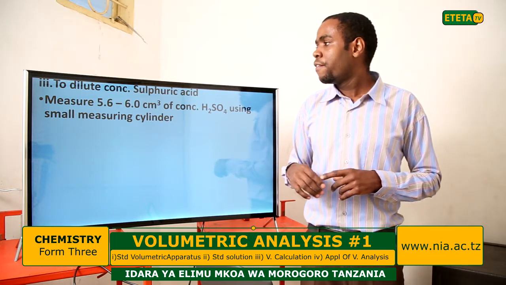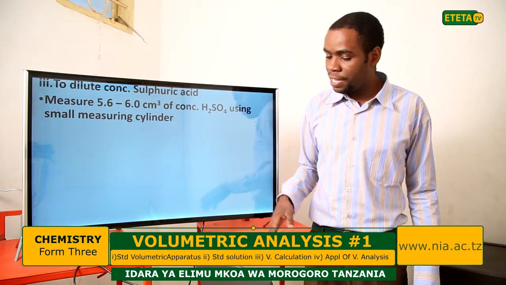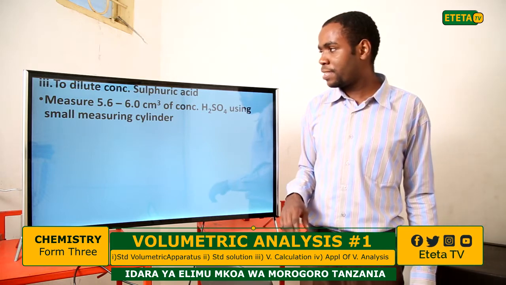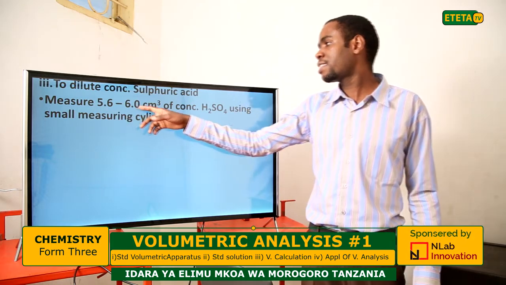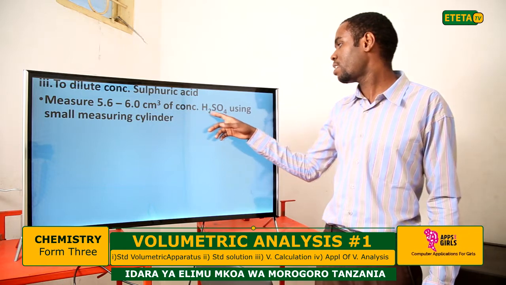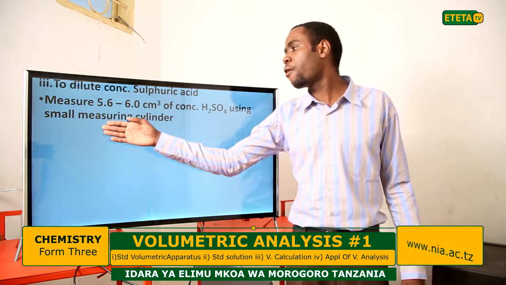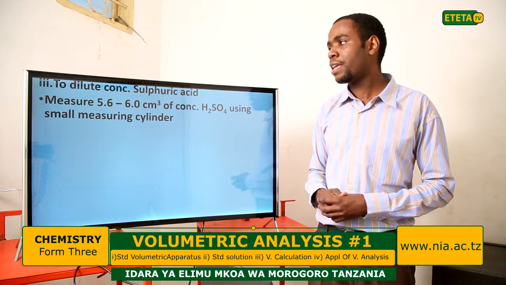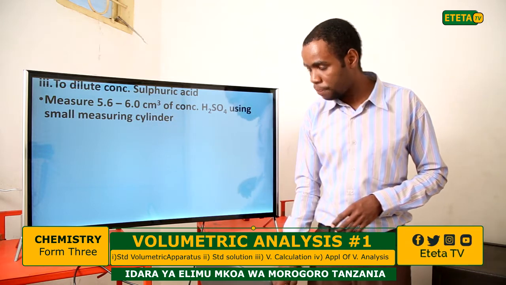First of all, the volume of concentrated acid which you obtain is 5.6. So you measure 5.6 to 6 centimeter cube of concentrated sulfuric acid. We use a small measuring cylinder.